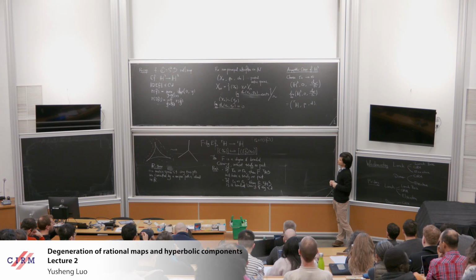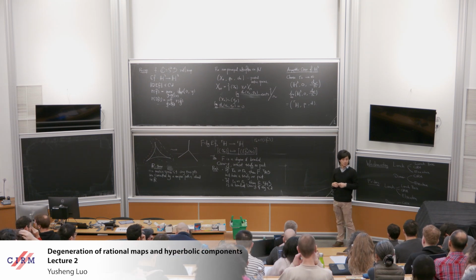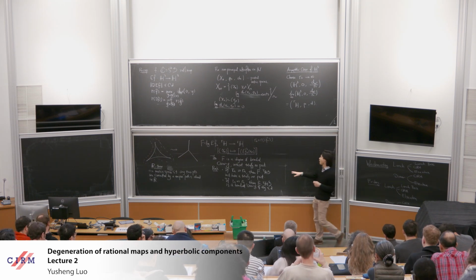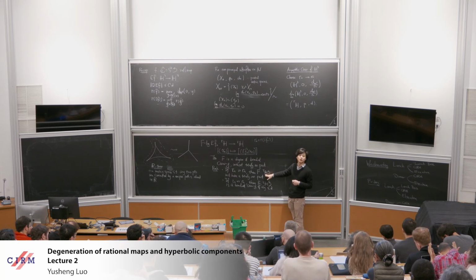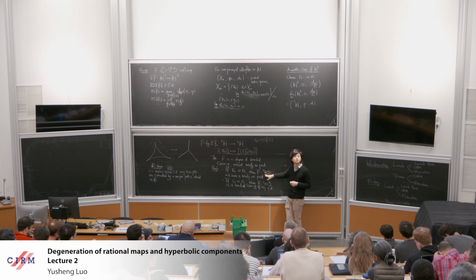Well, there is a finite subtree of this asymptotic cone. And away from this finite tree, the map is going to be locally injective and isometric.